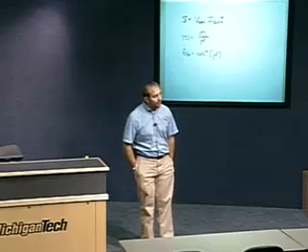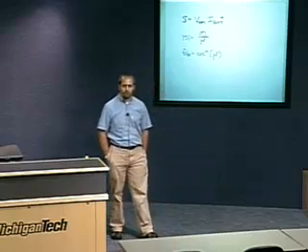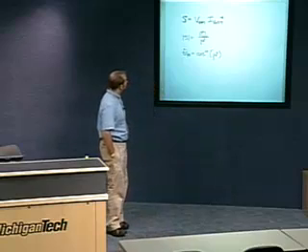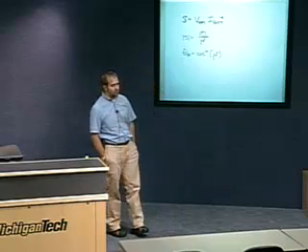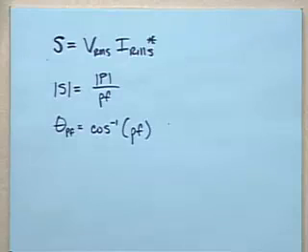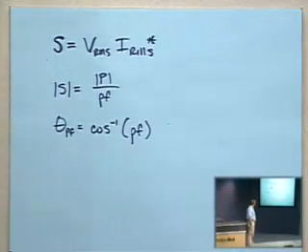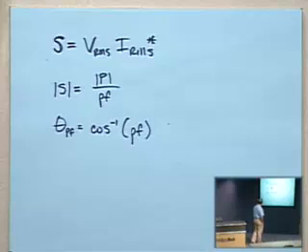And then for those of you who are on campus, on the screen behind me are the 3 things that you should remember for the quiz later today. That the complex power S is calculated by multiplying the phasor RMS voltage times the complex conjugate of the RMS current phasor. Bear that in mind.